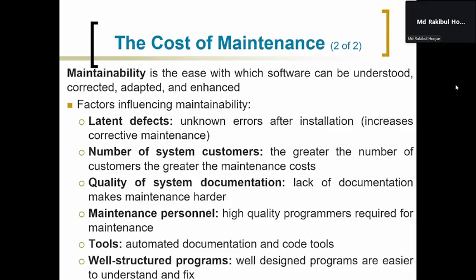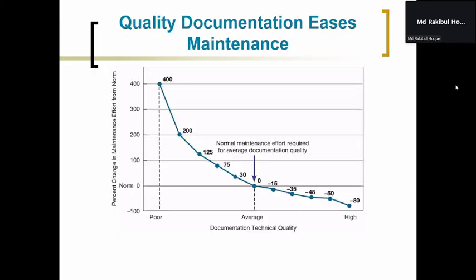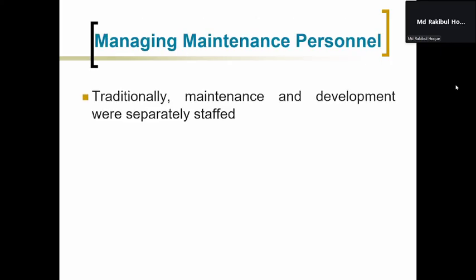Tools, it may be automated documentation and code tools. Then well-structured programs, well-designed programs are easier to understand and fix. So this is quality documentation. This is the maintenance, and it is about the average and percent change in maintenance effort from the norms.